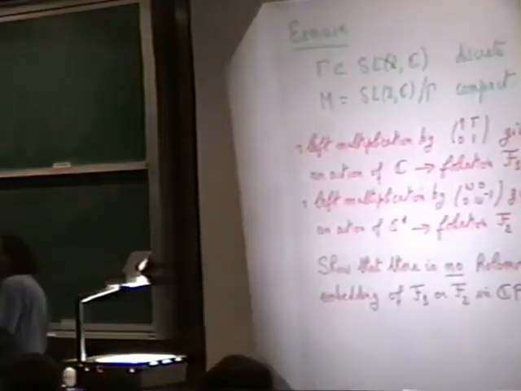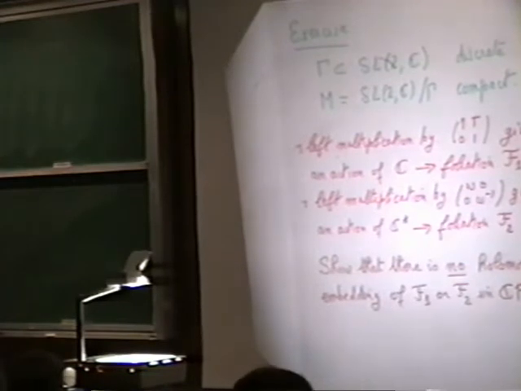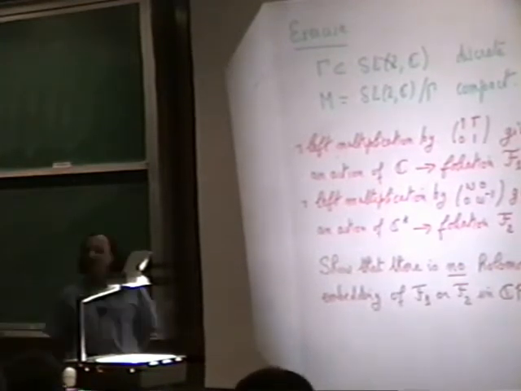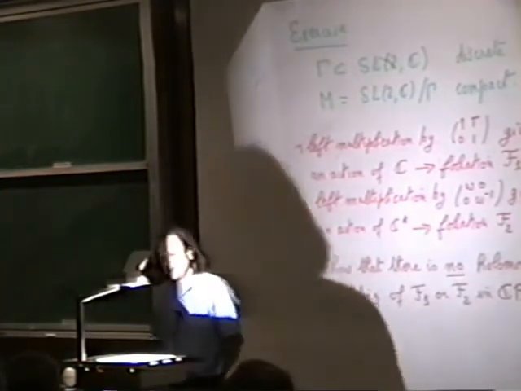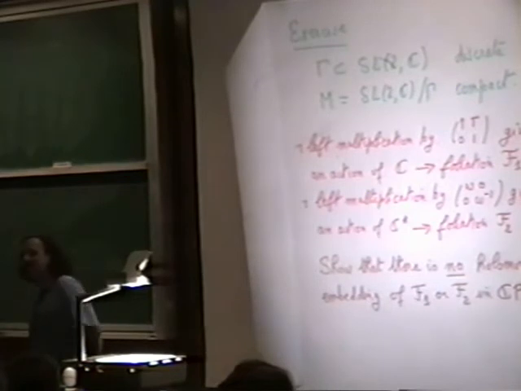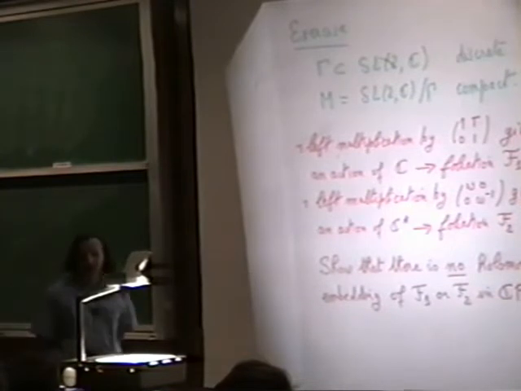Here's another very nice and classical example of lamination. You start with a discrete subgroup of SL2C. We like these examples, Kleinian groups. You assume that the quotient SL2C modulo gamma is a compact manifold. There are many examples of such a situation.